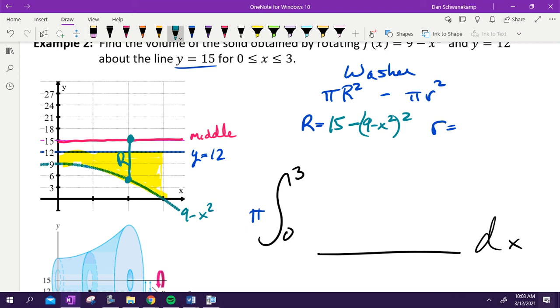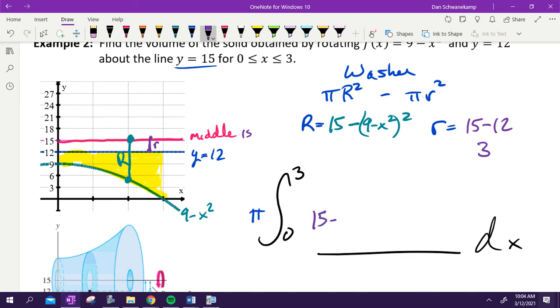Then we're going to do the little radius. Show me with your fingers. What is the little radius going to be here? The little radius is just 3, okay, because we're going the middle to the inside line. It's just that little baby guy right there. It's just 15 minus 12, which you could do, or obviously just making that 3 is going to make it easier to type into your calculator.